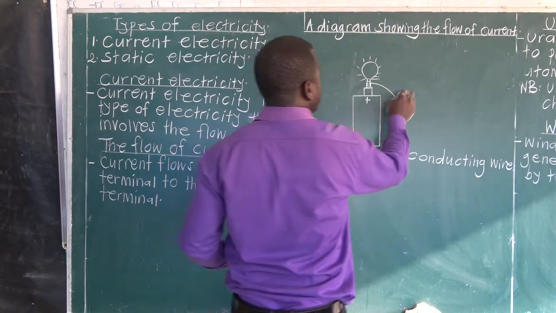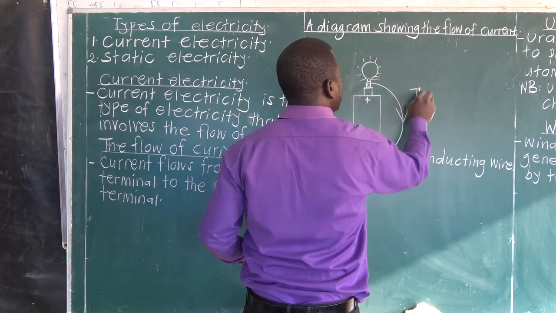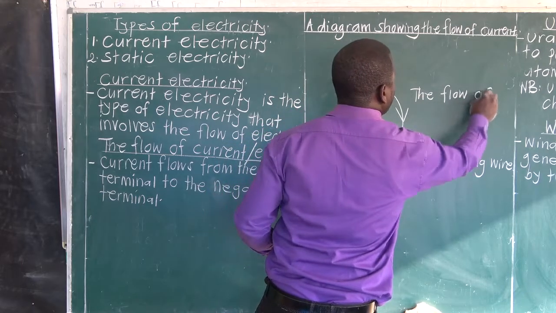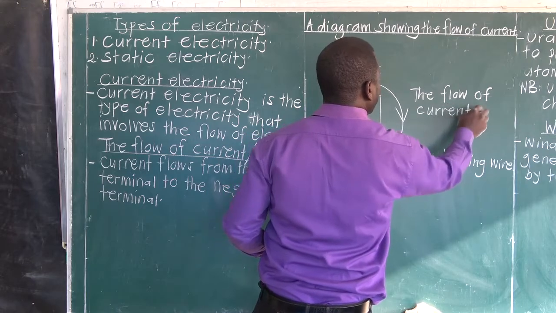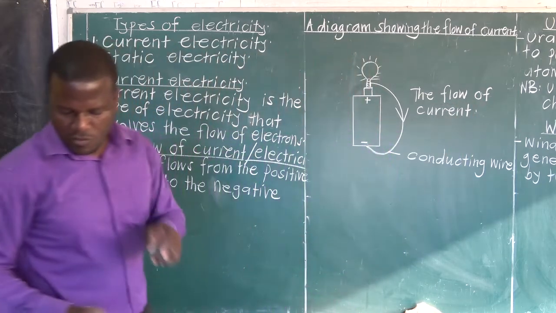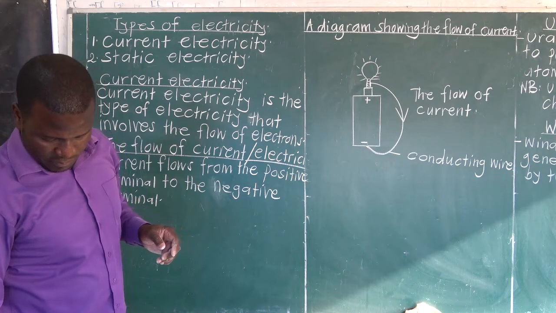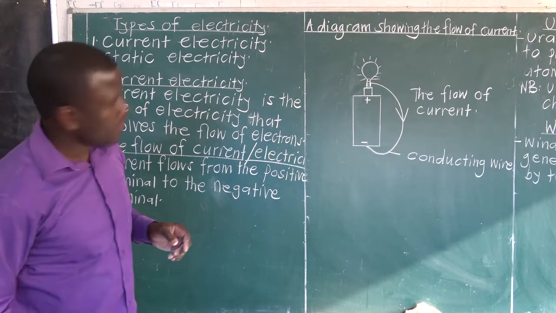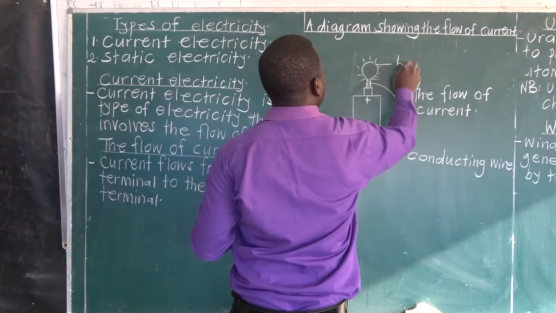Then you can write here, the flow of current. So that one shows the flow of current. Then this one is a light bulb.